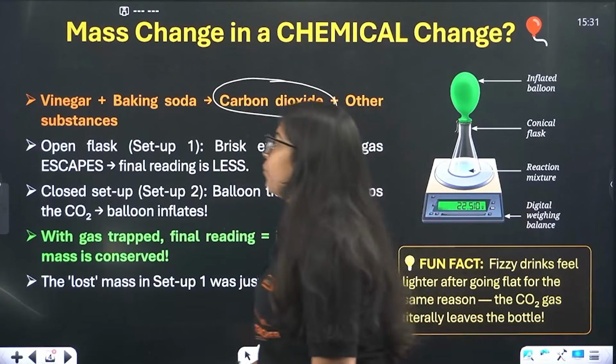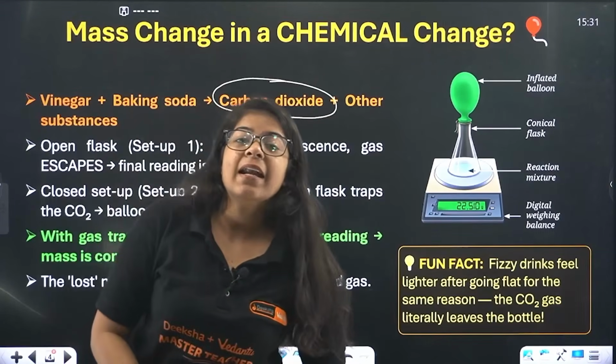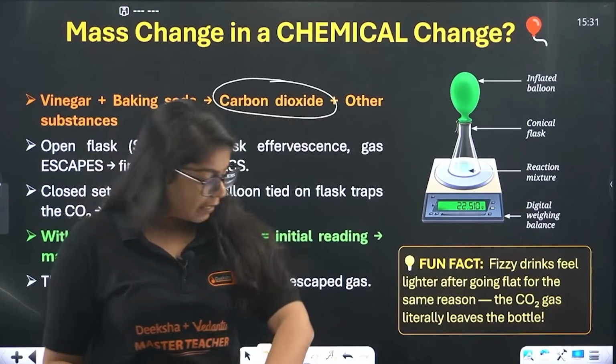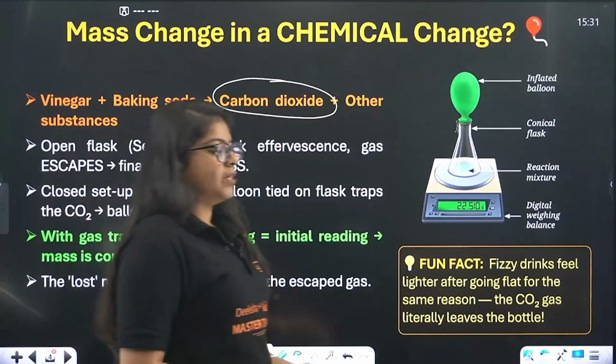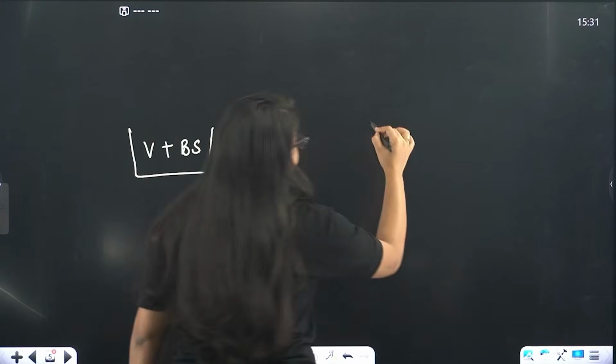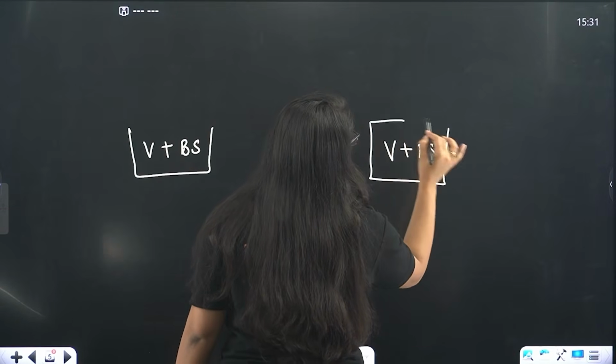Okay, now beta, when you add these two, you will get what? You will get a gas evolved out of this whole reaction, and that is carbon dioxide. Now we do two activities. In the first activity, what we did, we put what? Vinegar plus baking soda, right? And another also vinegar plus baking soda, but we did one thing.